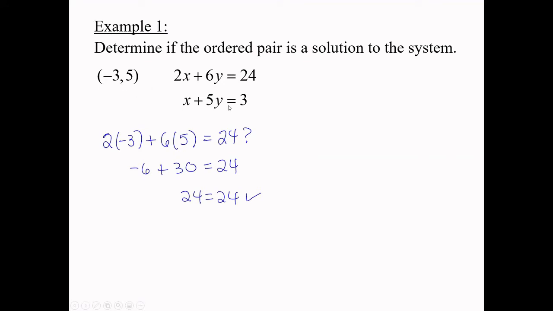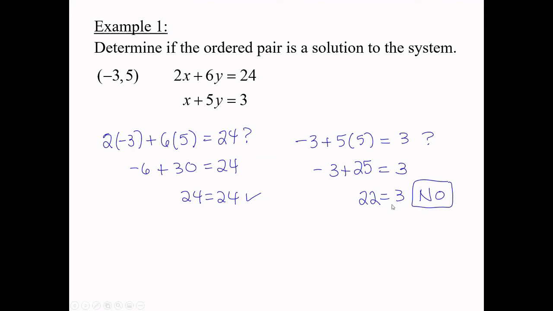Then we do the same thing with the second equation. So here's our substitutions. -3, 5 times 5, is it? Uh-oh, no. What that means is this point is not where those two lines would intersect or share in common.